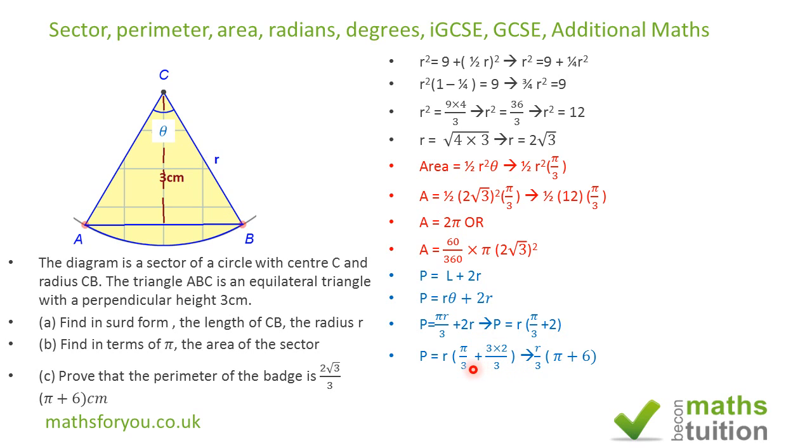If we then isolate the 3 from the denominator, we have that R over 3 is multiplied by (pi plus 6). And we know from the first section that R is 2 root 3. So we end up with 2 root 3 over 3 into (pi plus 6) as required.